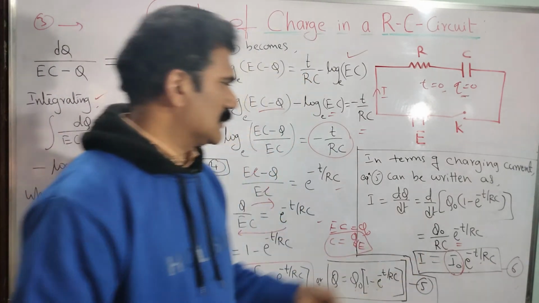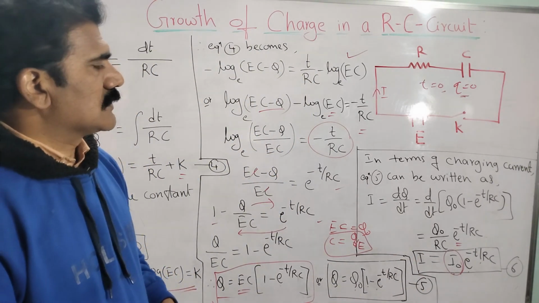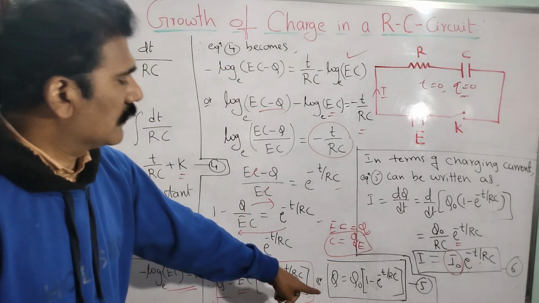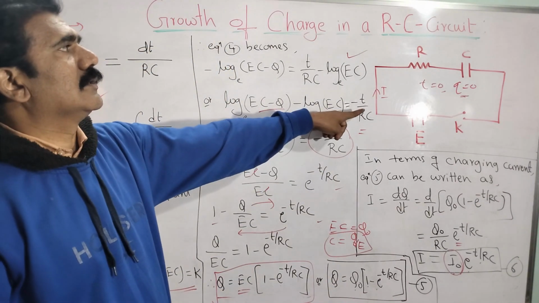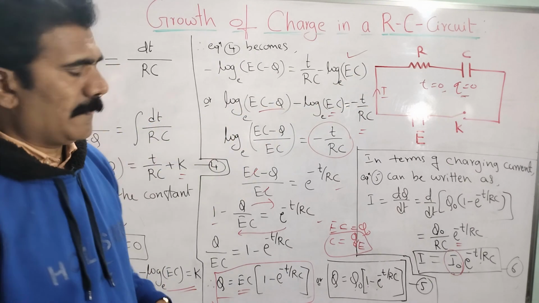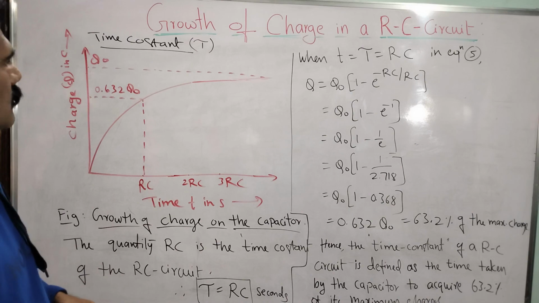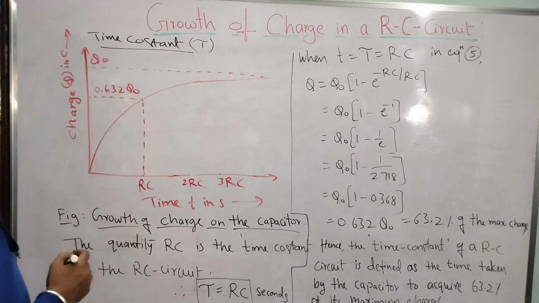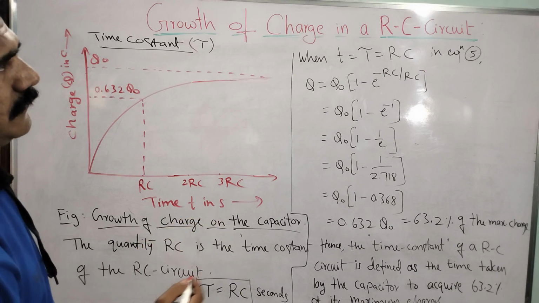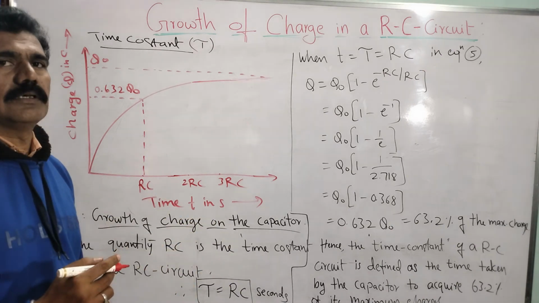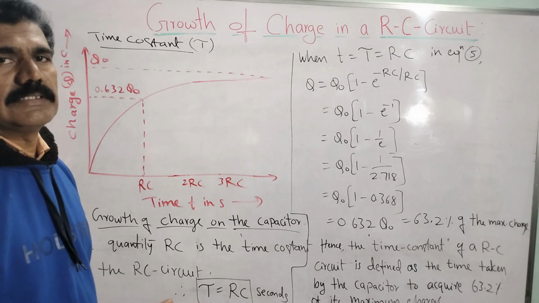Now let us see with respect to these equations 5 and 6 how we can understand the growth of the charge in the capacitor during charging of the capacitor in an RC circuit. Here you look at the graph, growth of charge on the capacitor. As per equation 5, that mathematical equation confirms that the charge in the capacitor is increasing exponentially.